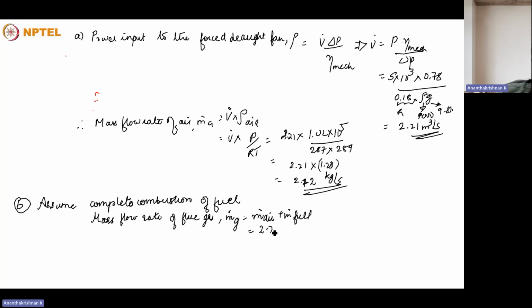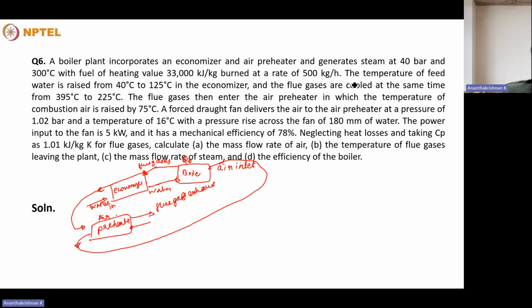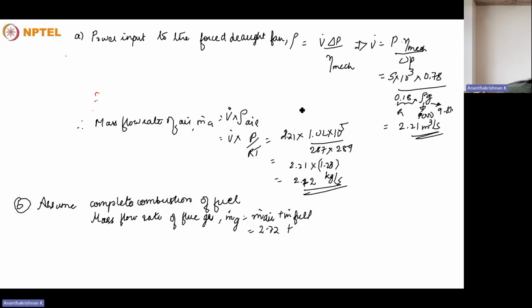So mass flow rate of air is 2.72, and for the mass flow rate of the fuel, we have to look into this flow rate. So 500 kg of the fuel is burned. Complete combustion means that we can directly take it as 500 kg per hour, right? So divided by 3600. So that will give the mass flow rate of the fuel. So the total flow rate of the flue gas will be 2.855 kilogram per second.